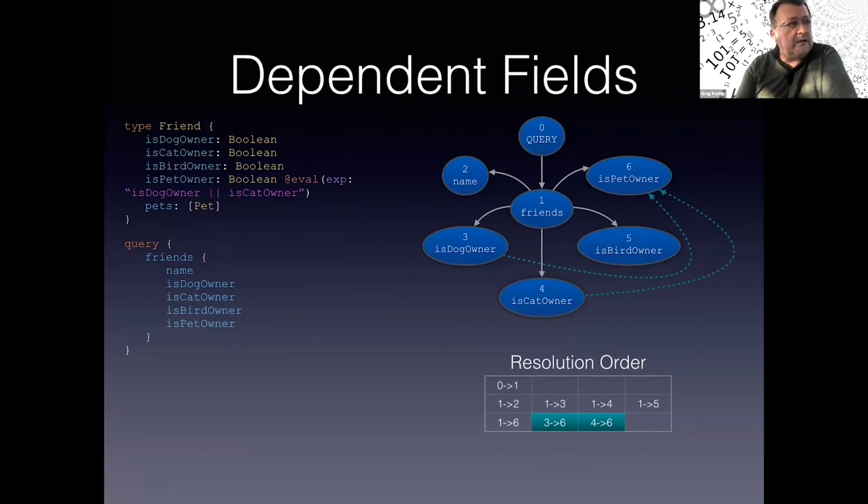They are indicated with a different color on the plan, and that will ensure that the field isPetOwner will appear in the topological sequence after the fields isDogOwner and isCatOwner, and therefore the incoming edge for isPetOwner, which is 1 to 6, that would invoke the resolver for that field, could be bucketed in a different bucket after the edges that resolve isDogOwner and isCatOwner.